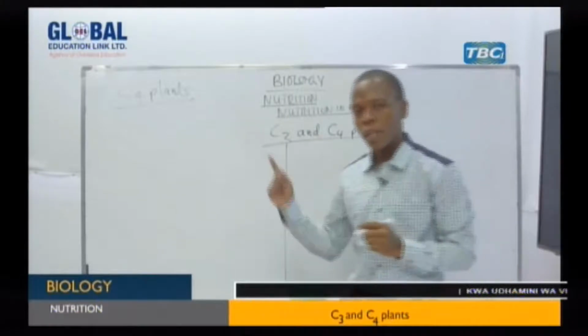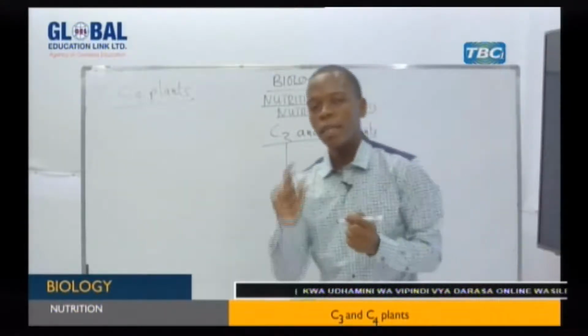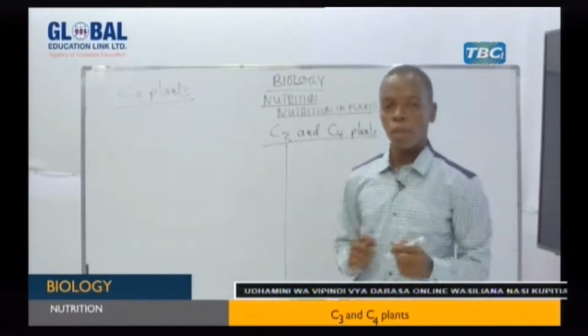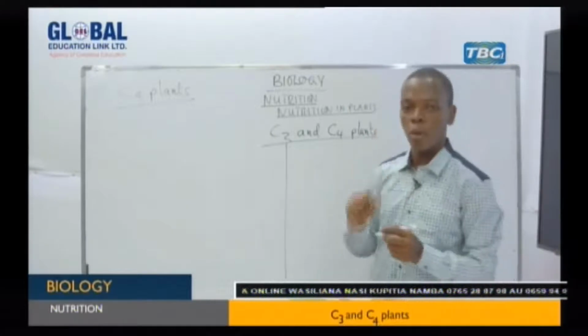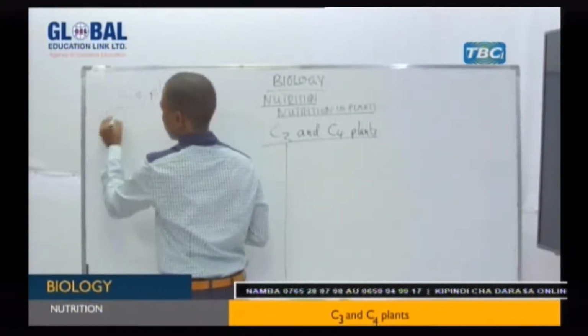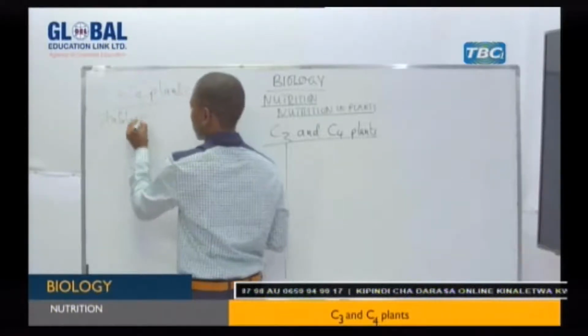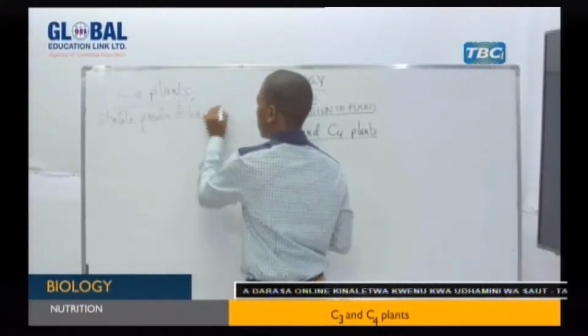Okay, as you have said, these plants are grouped according to the first stable product to be formed during photosynthesis. Therefore, we call this a C4 plant because the first stable product formed has 4 carbon.